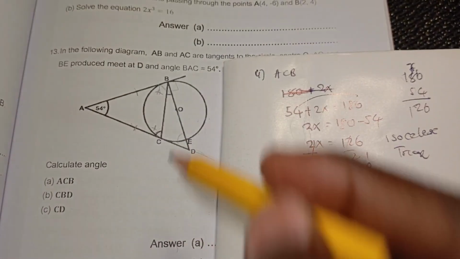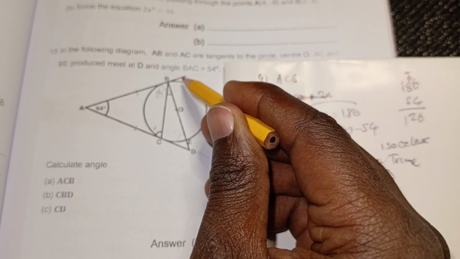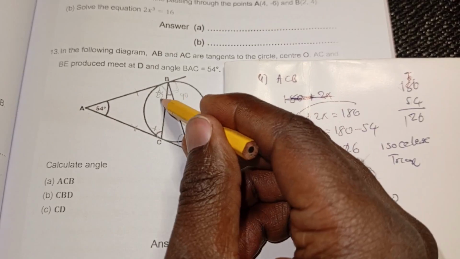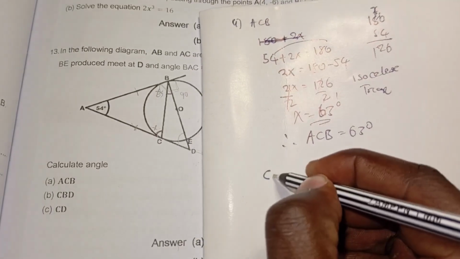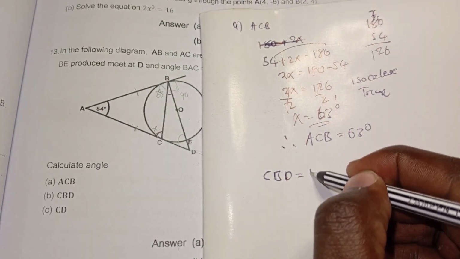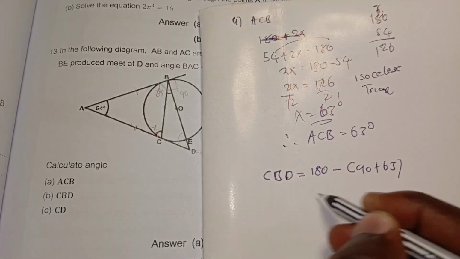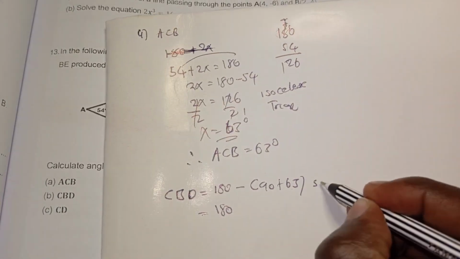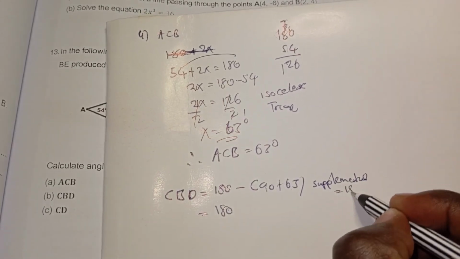CBD is just this angle here. So this angle here, you're going to find that if this side is 63, from the property of tangents, you know this is 90. So to find CBD, we're going to say it is equal to 180 minus (90 plus 63). Here you are using supplementary angles, angles on a straight line add up to 180.